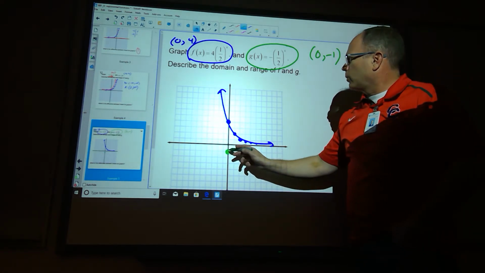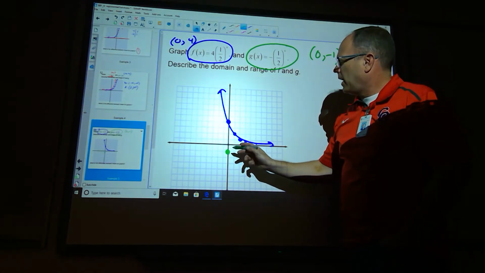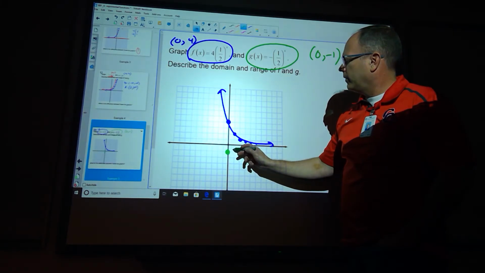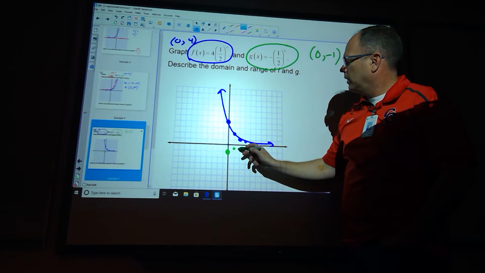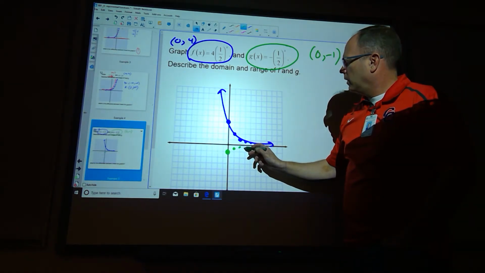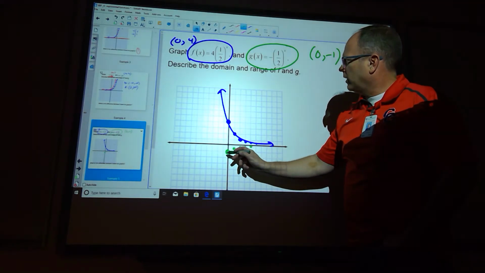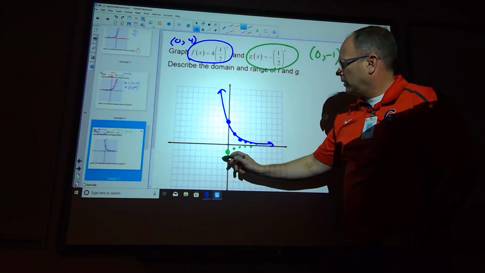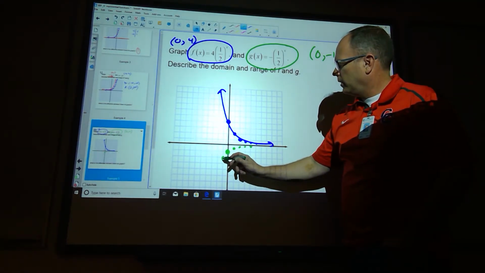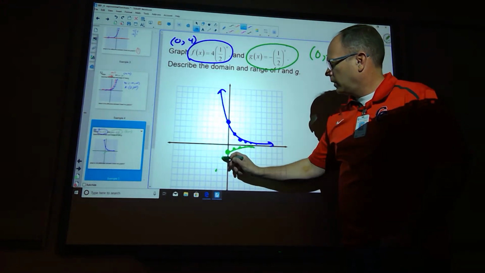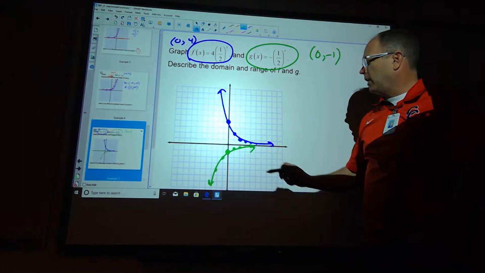As I go to the right, I'm going to multiply by half. Wait a minute, that's kind of weird. If as I go to the left, this is going to go down this way. 4. Look at that. These are both decay graphs.